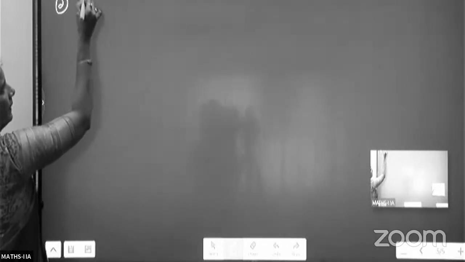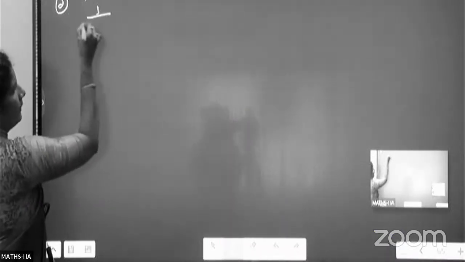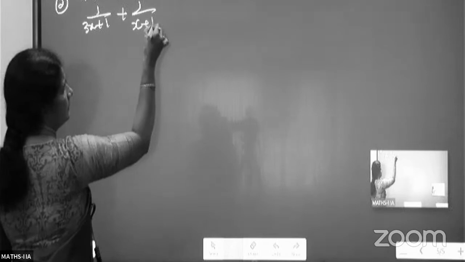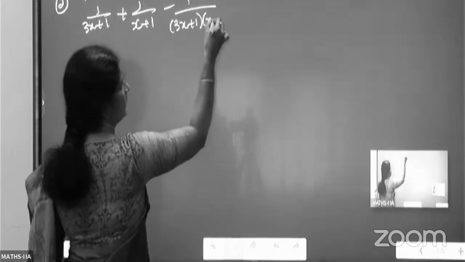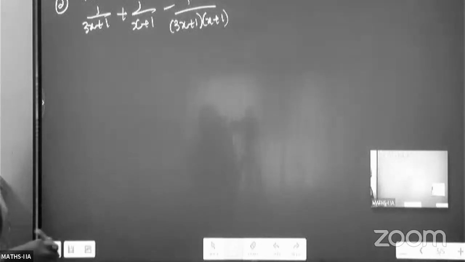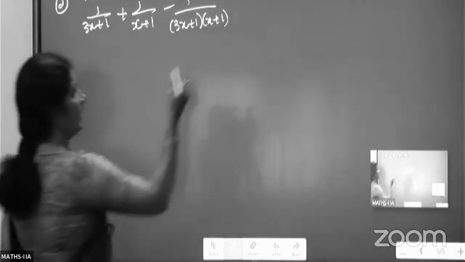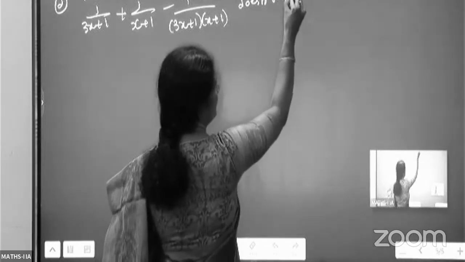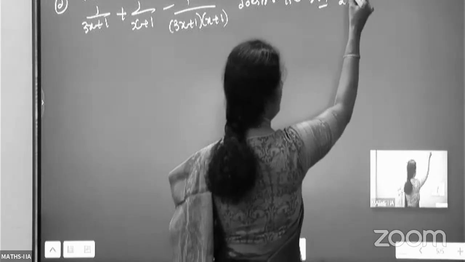Show that the roots of 1 by 3x plus 1 plus 1 by x plus 1 minus 1 by (3x plus 1) into (x plus 1) do not lie between 1 and 4. See the difference between the first question and the second question: does not lie between 1 and 4.